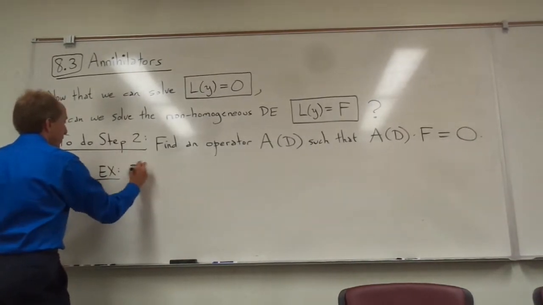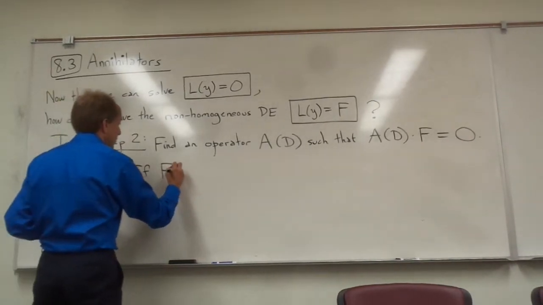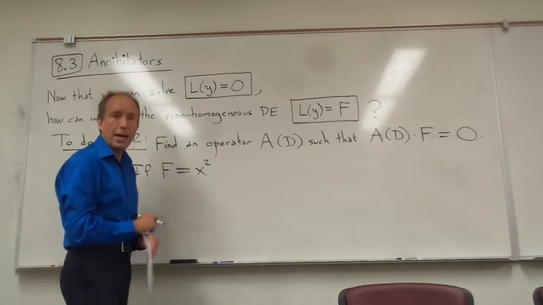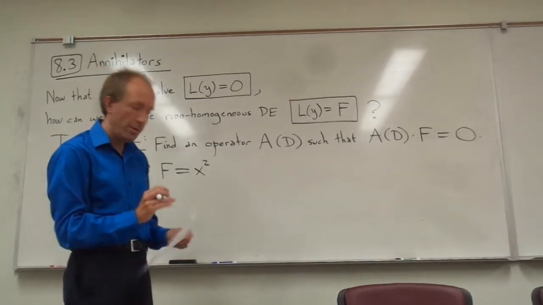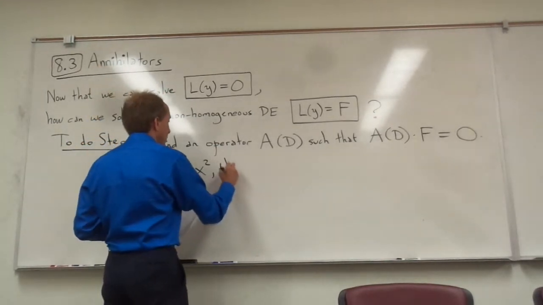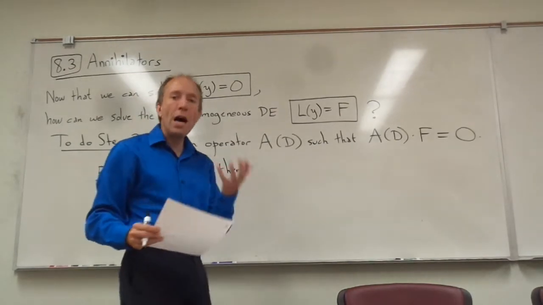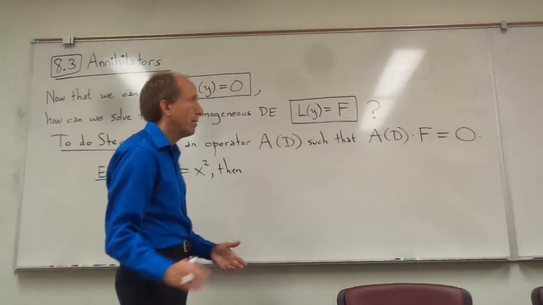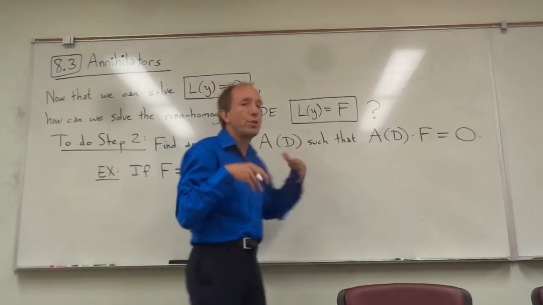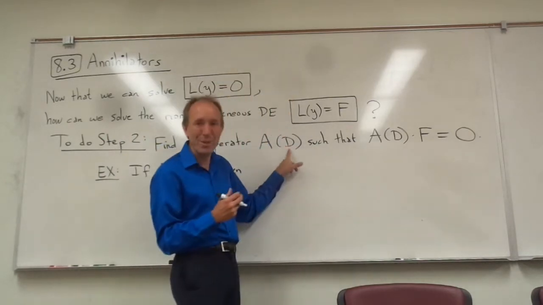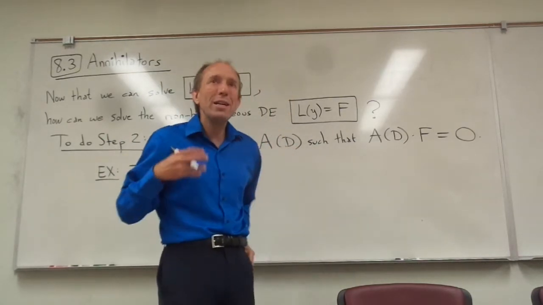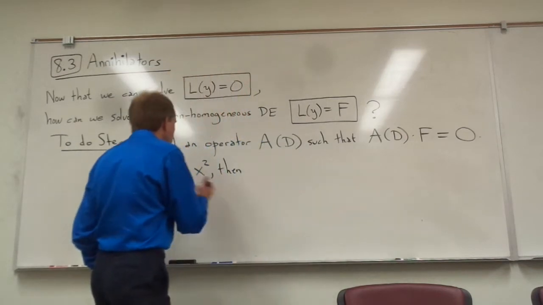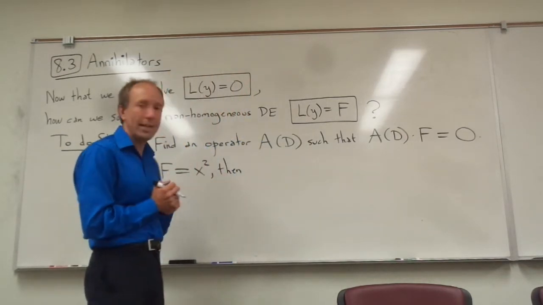If capital F is equal to, let's say the right-hand side is x squared, then you can think for a minute, what would annihilate x squared? What combination of derivatives? The D is the derivative operator. So what derivative operation could we use to annihilate capital F?